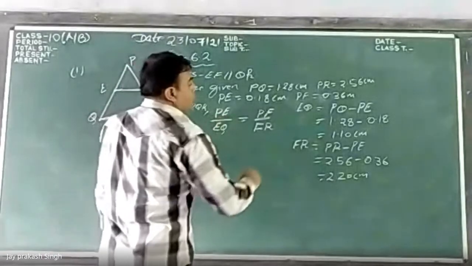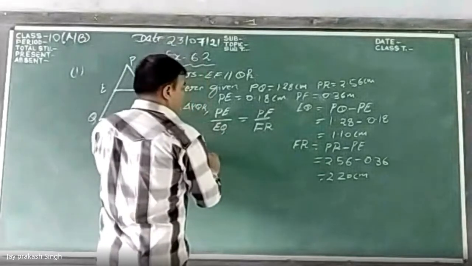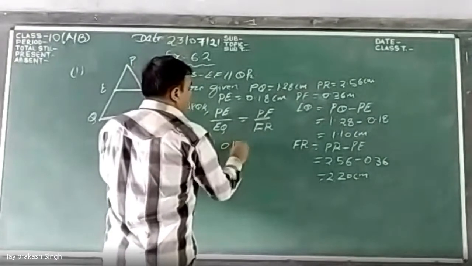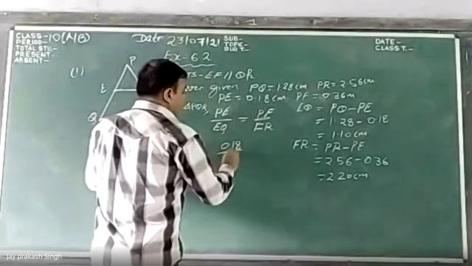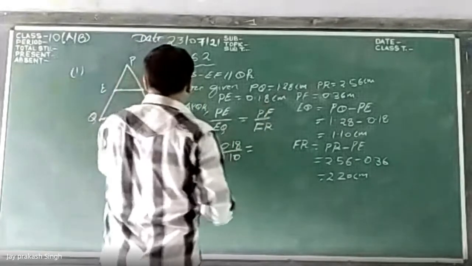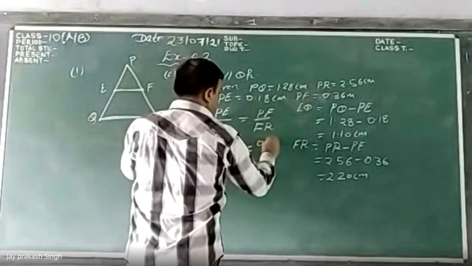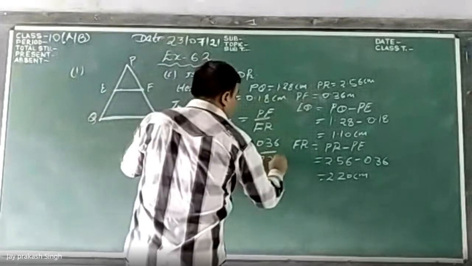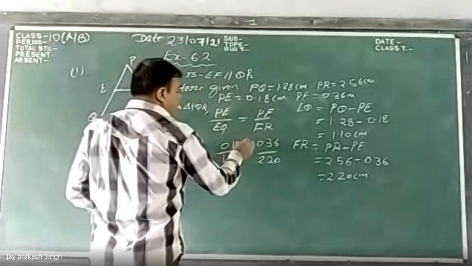Now put it this way, PE value is given 0.20 by 1.10. And another, PF is 0.6 by 2.1. So when you divide, both are the same.